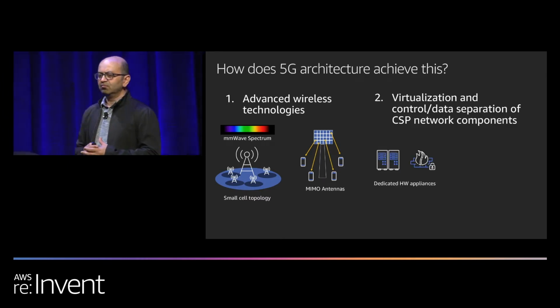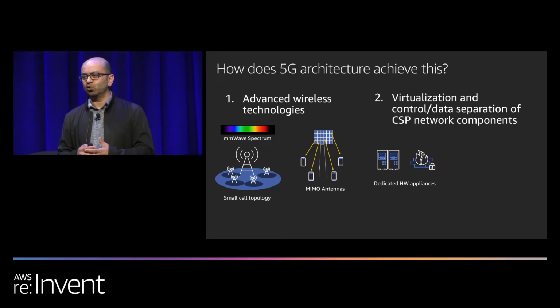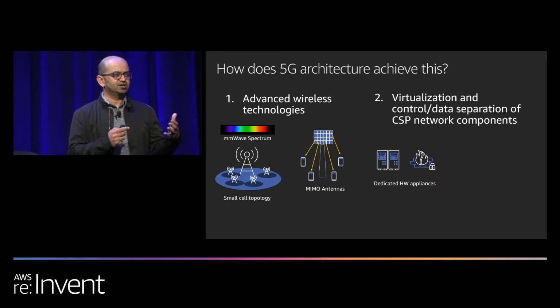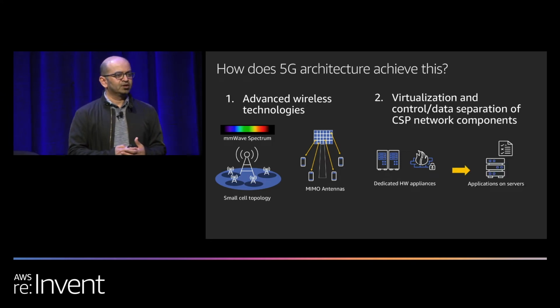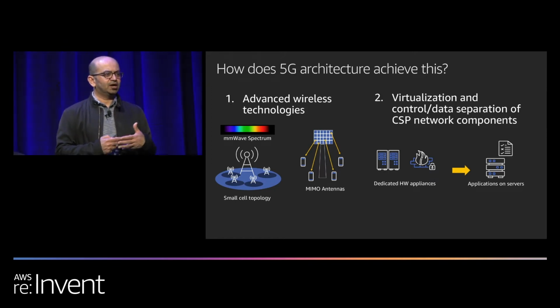The second set of technologies are around virtualizing network components. So today, most of the network components, like the cellular radio and the mobile packet core, are done using dedicated appliances. These are dedicated hardware appliances with integrated software in them. With 5G, and they started a little before 5G actually, these components are getting virtualized.